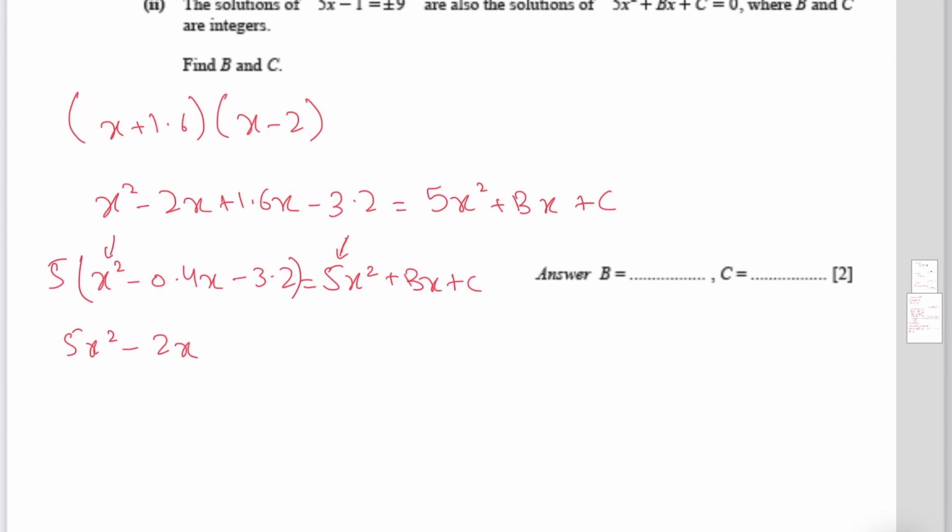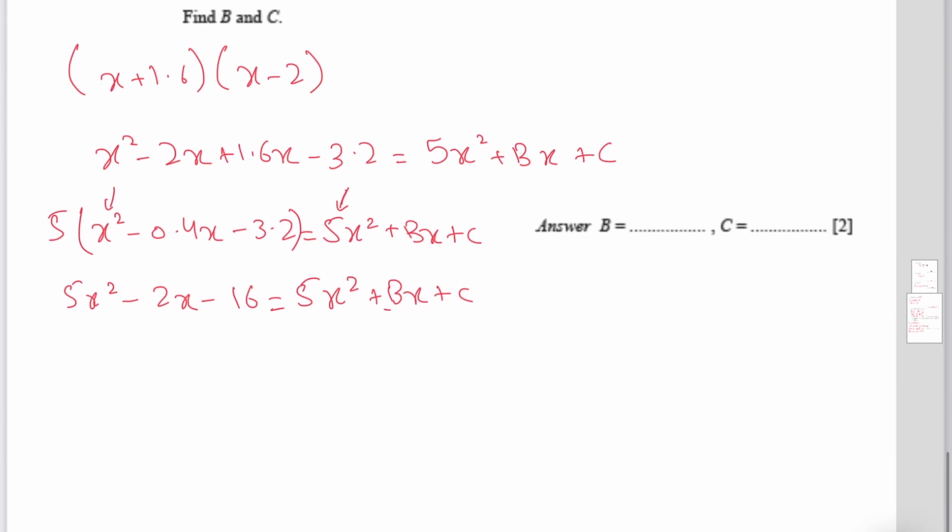Oh, sorry, let me check that again. 3.2 times 5 gives us 16. So this is 16. So you have this equal to this.